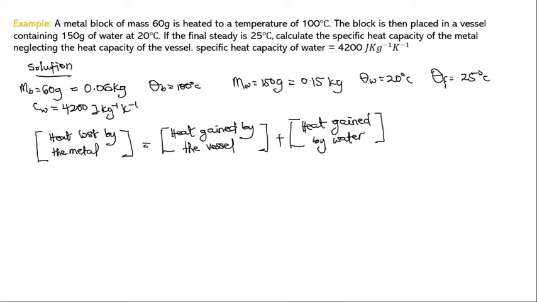So the heat that the metal ball has lost when it was transferred into the vessel containing the water is equal to the heat gained by that vessel and then the water within the vessel.